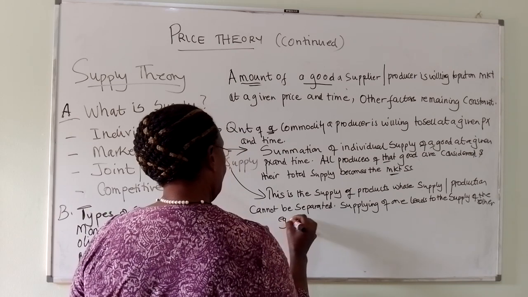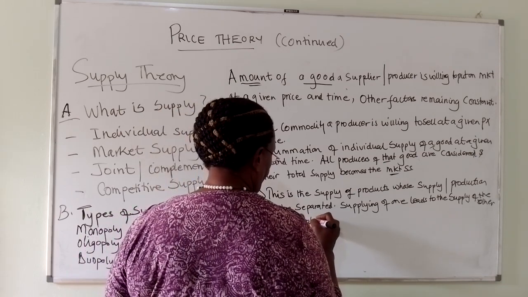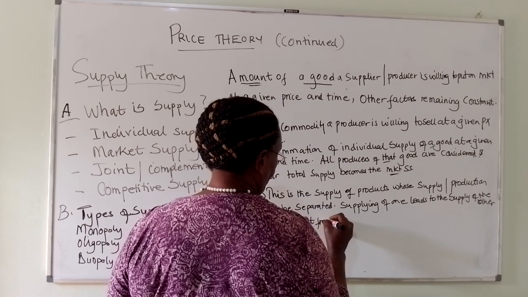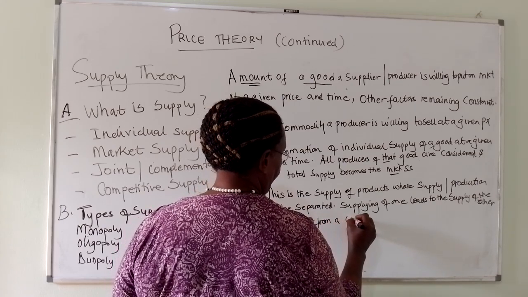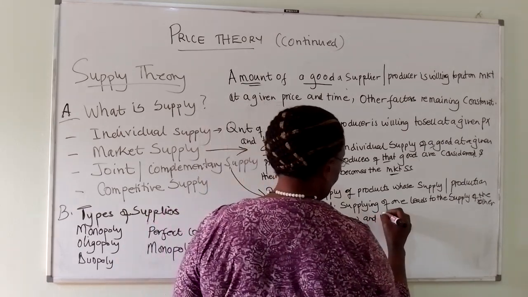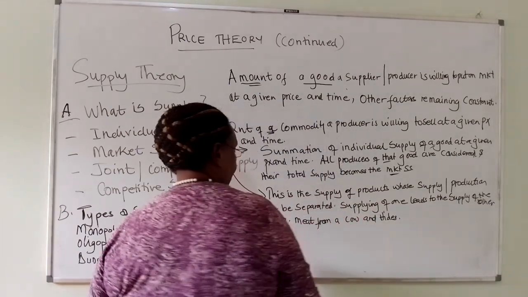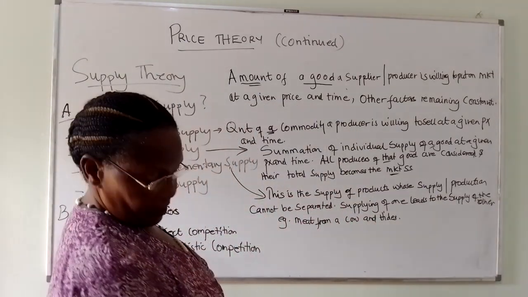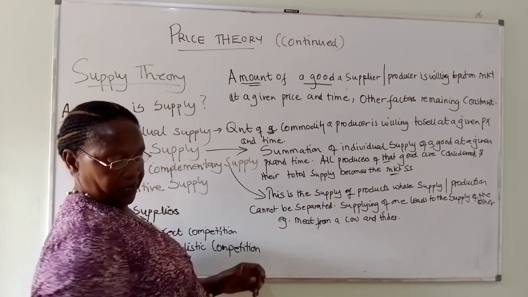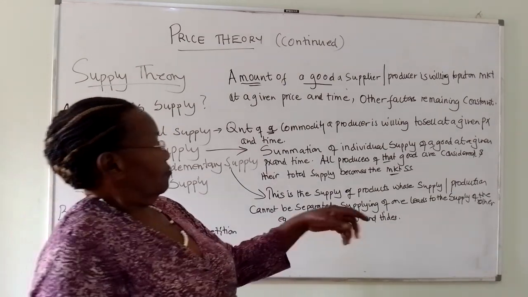Examples, e.g., we have the meat from a cow, and hides. How do these ones complement each other? There is no way you can separate the production of meat from the production or supplying of hides.